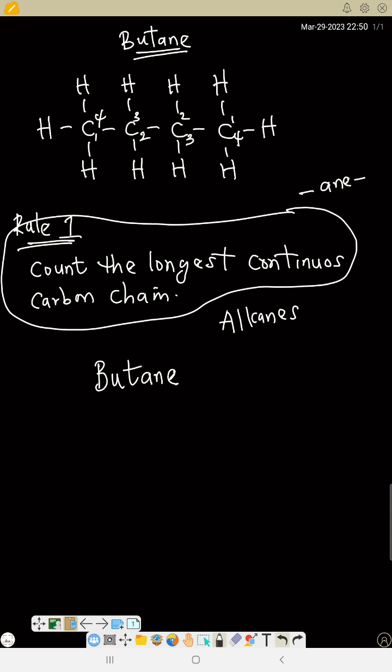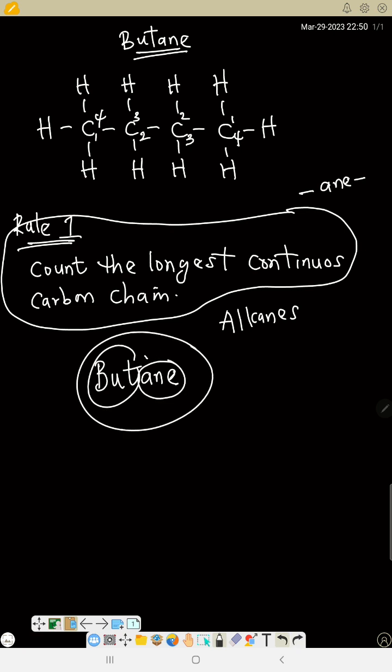Single bond, double bond, triple bond will then determine what you add to all those, just like I added ANE to but to be butane. But is 4 carbons, ANE is for alkane, so it's together. Now let's see another question.